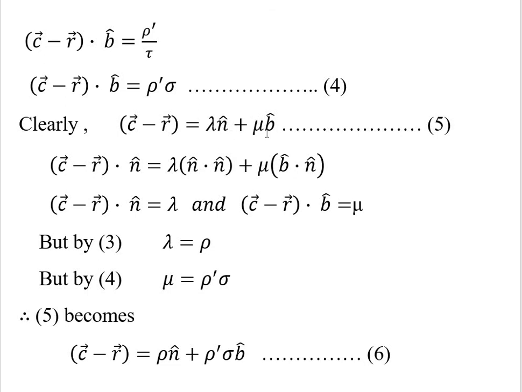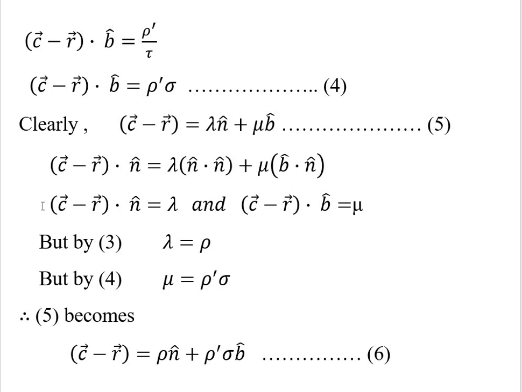That is a normal and a binormal plane with constant multiplication. So taking the dot product of this equation 5 with n: (C vector minus R vector) dot n cap equal to lambda into n cap dot n cap plus mu into B vector dot n cap.